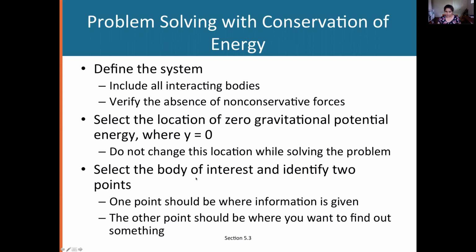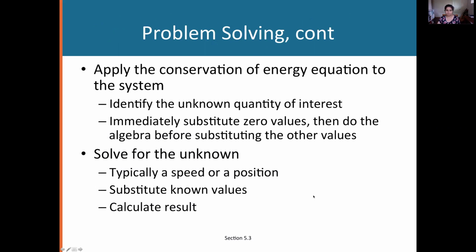Select your body of interest. It might be an object that's falling or rising or whatever. And identify 2 points of interest. One point will typically be where all the information is given, like the height, its energy. And the other point will be some other position where you might be asked to find out a certain value. So typically in energy conservation problems, you have two different positions for the system.